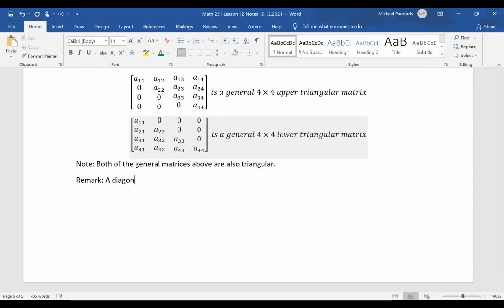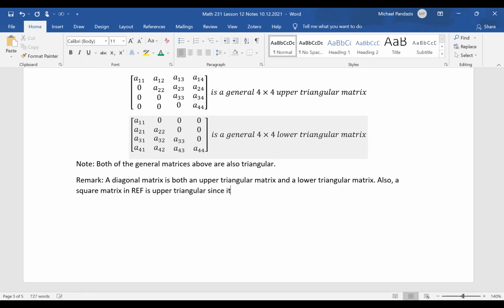Okay. Remark. A diagonal matrix is both an upper triangular matrix and a lower triangular matrix. Also, a square matrix in row echelon form is upper triangular since it has only zeros below the main diagonal.